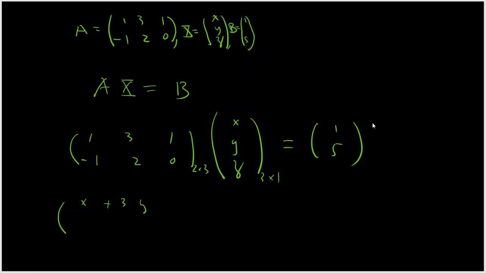The second row on the left is negative x, -1 times x, plus 2y, plus 0 times z. I do not have to write that. Equals 1, 5.